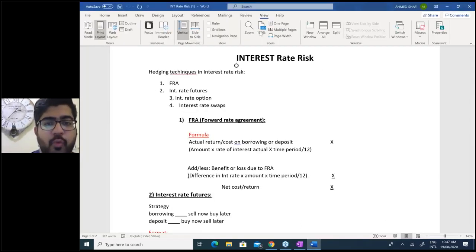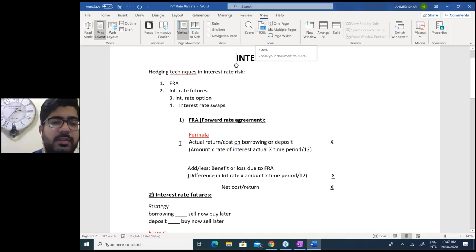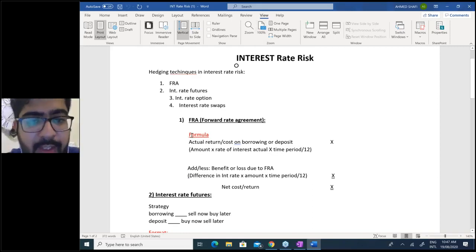Now, what is the working format of FRA? For FRA, you need to take the following formula: actual return or cost on borrowing or deposit.